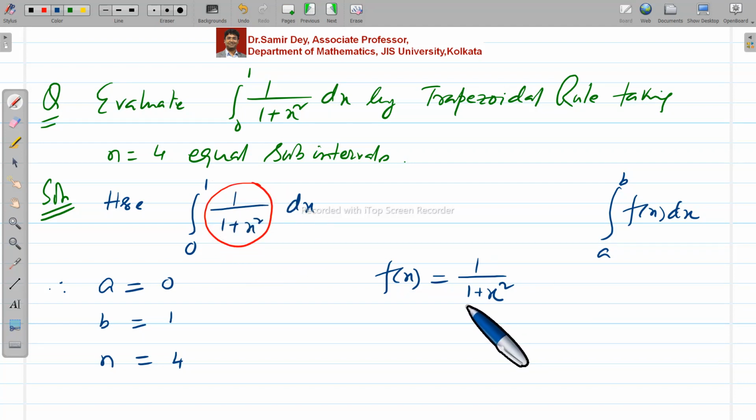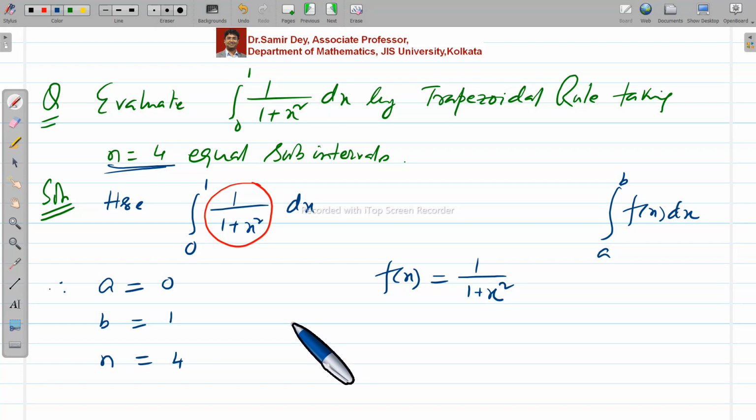Clear? You need to identify all these things from the start. I repeat once again: first you write down the given information, your integration form. Then on the right you write the standard form, the exact definite integral a to b f(x) dx. Now you compare one by one: a equals 0, b equals 1 from here, and n is the number of sub intervals. In a question there are two types of information you can see: either n is given or h is given.